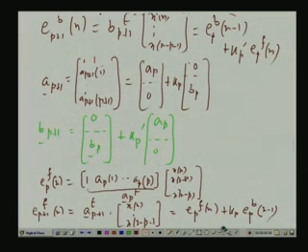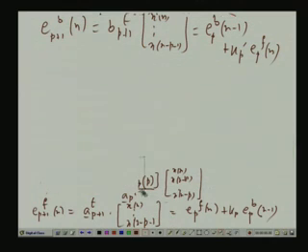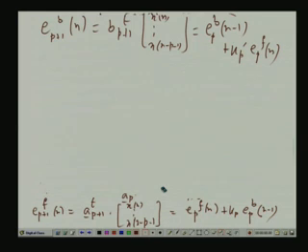So if you just consider these two equations now, forget the entire thing, you get a beautiful structure. What is the structure?